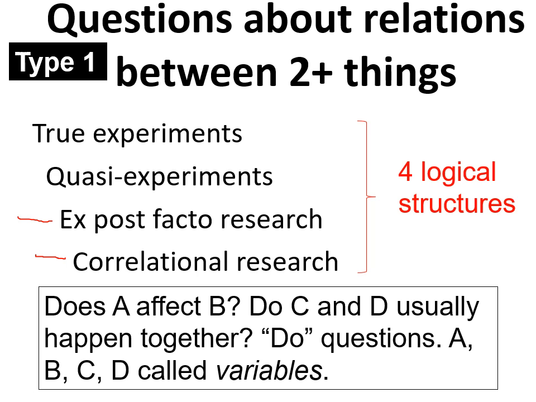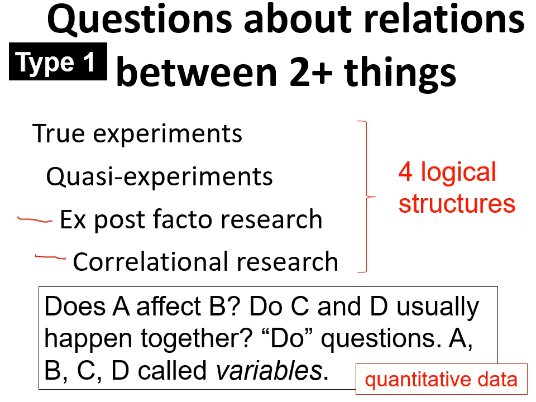If your question is basically of the form, does A affect B, or do C and D usually happen together, or what he refers to as do questions, which personally I don't like, but we'll stick with that. So these do questions are questions that need to be answered using one of these four logical structures.